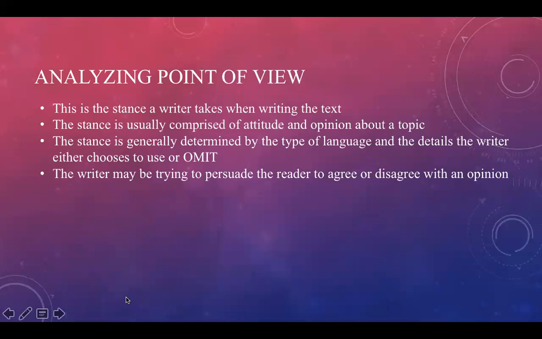There is going to be a definite attitude or an opinion about Donald Trump and perhaps his leadership as president of the United States. The stance is generally determined by the type of language and the details the writer chooses either to use or omit. Omit, if you are uncertain, means to leave out completely.